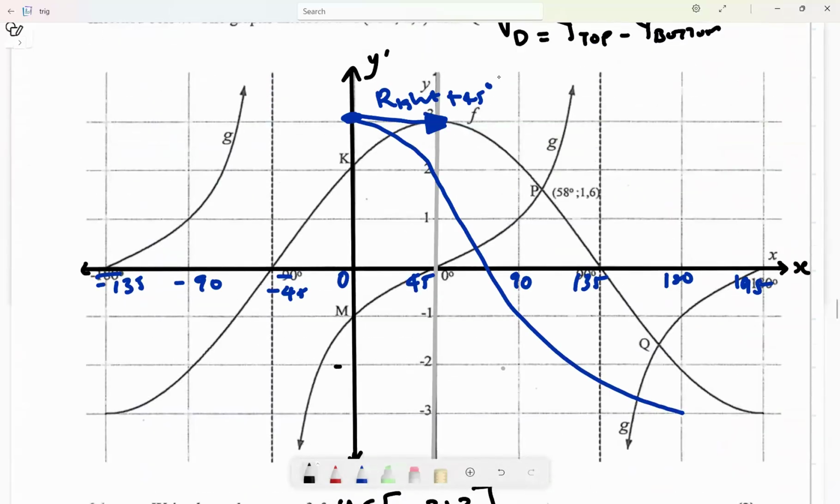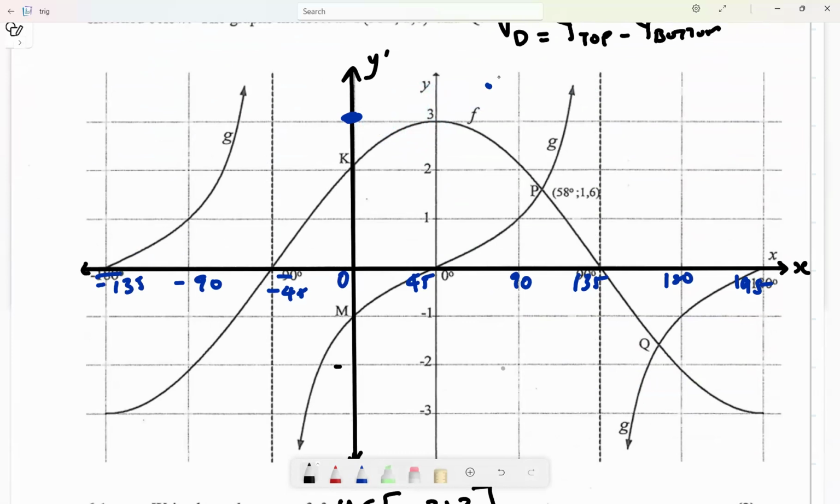Take it like this. If you are moving your axis towards the left like this, can you see it will seem like your graph is shifting towards the right. When you take your axis and move it towards the left, I wish I had a schematic thing to show you.